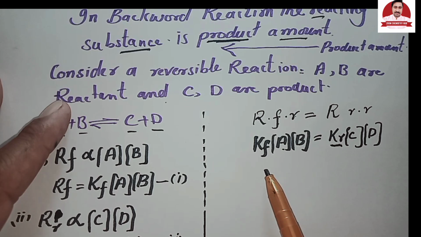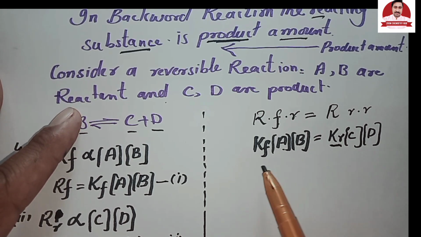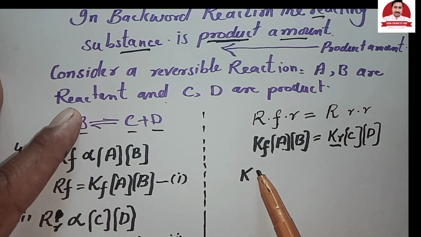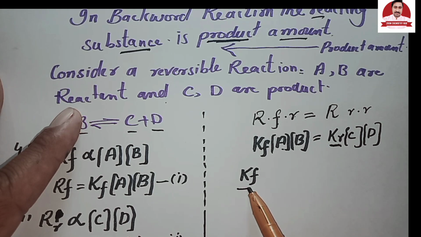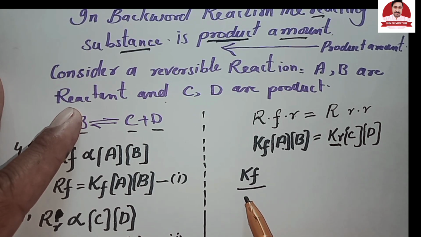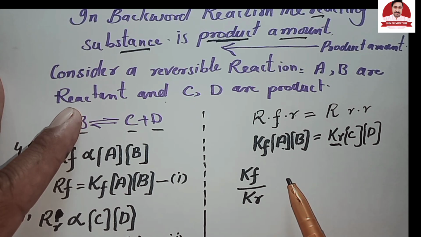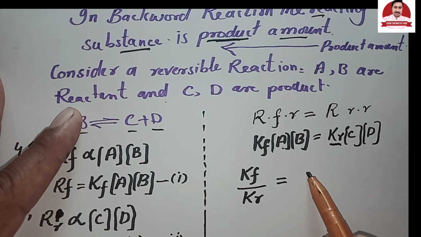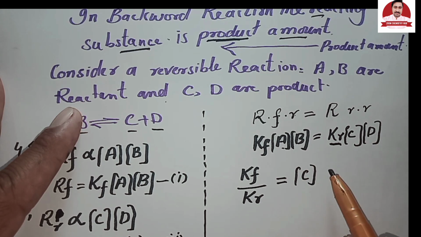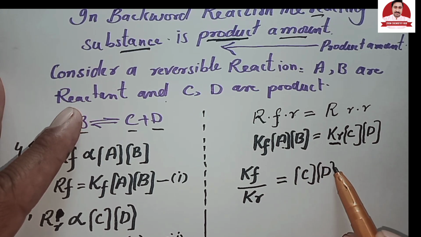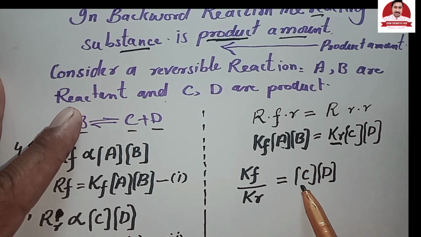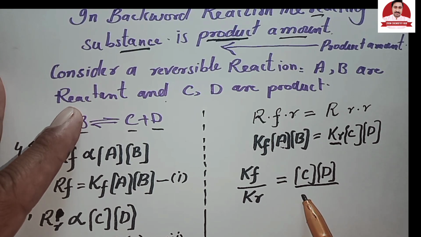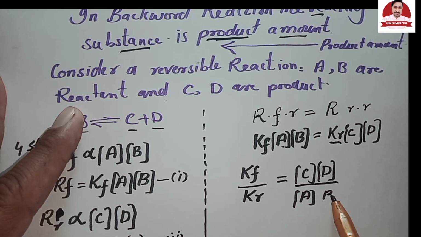Then we make a new equation, that is Kf over Kr is equal to concentration of C into concentration of D. And when we shift A and B to the right side, they go as a denominator: concentration of A and concentration of B.